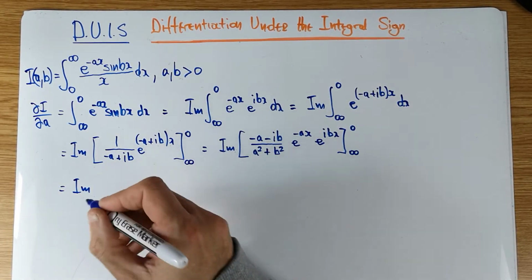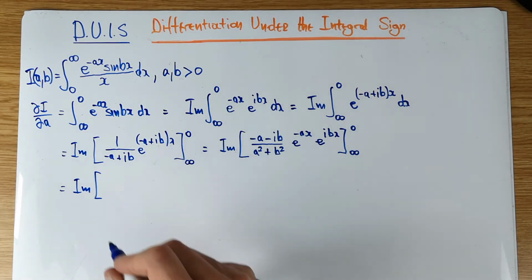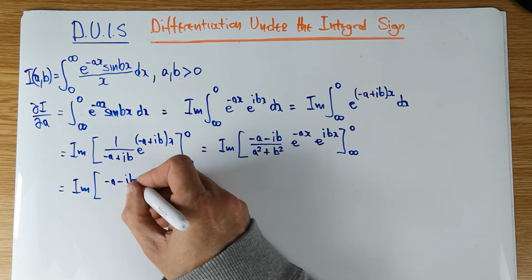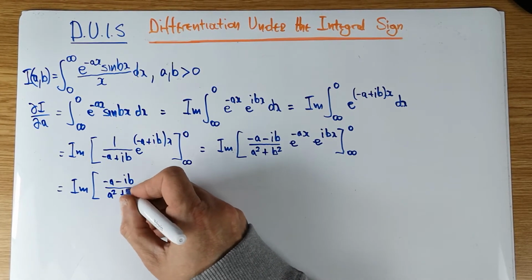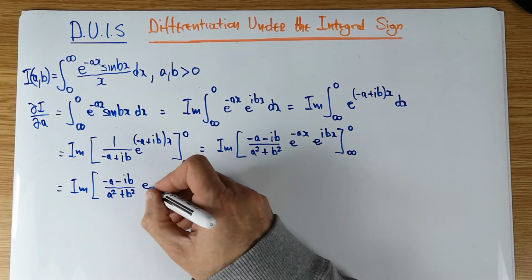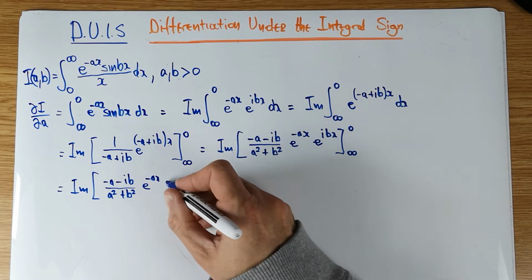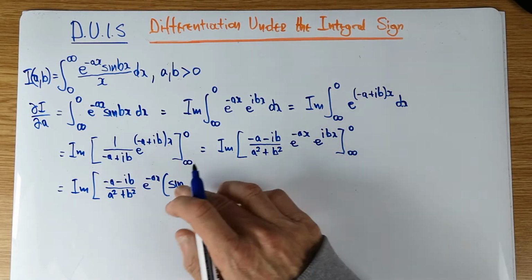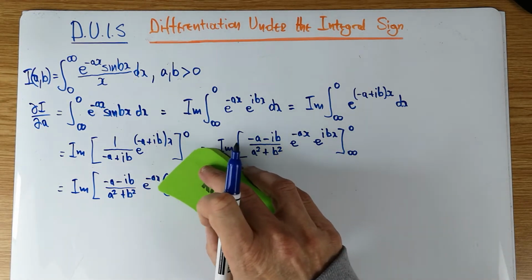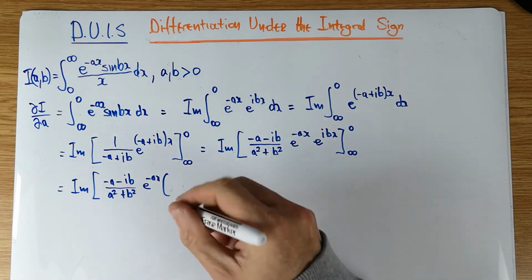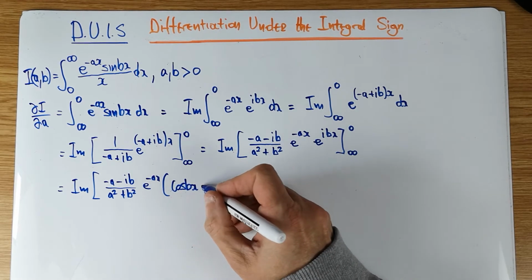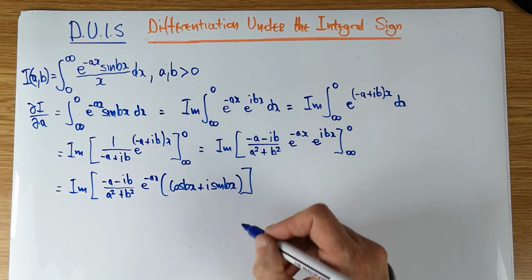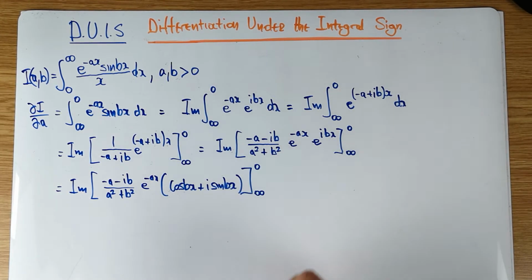Let's say the imaginary part of minus a minus i b over a squared plus b squared, and this is all real, times e to the minus ax, and I'm going to put, of course, for this one, not sine, sorry, I'm writing stupid things, I've gone absent-minded, so that is going to be cos of bx plus i sine bx, close that bracket, between infinity and 0.